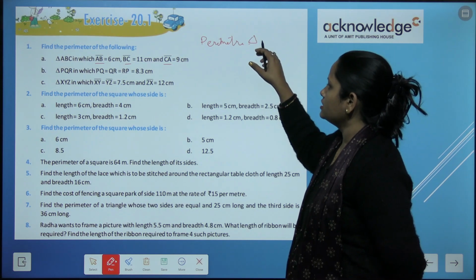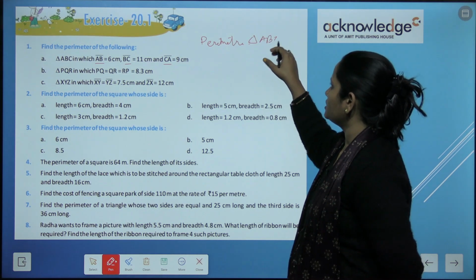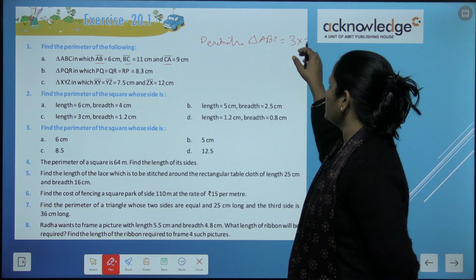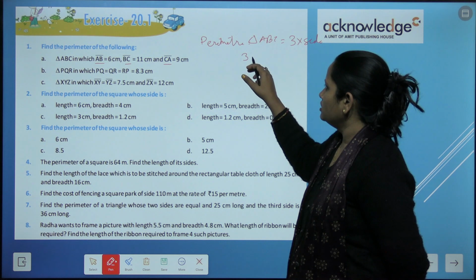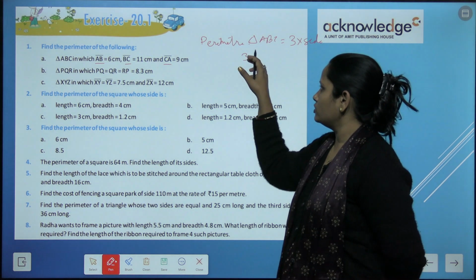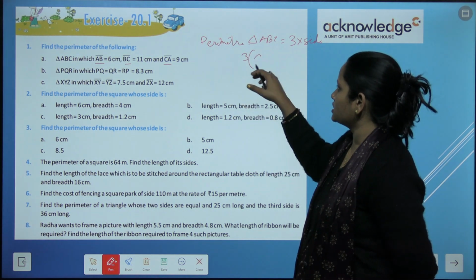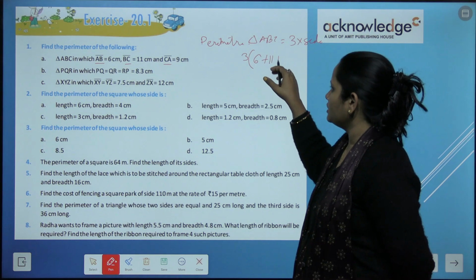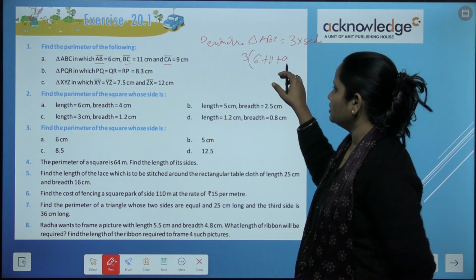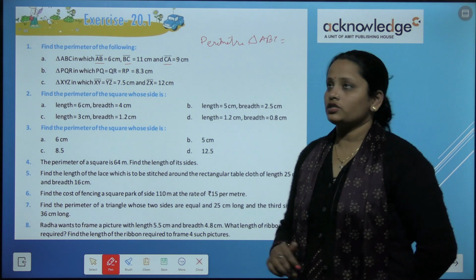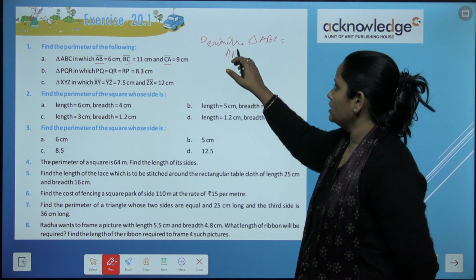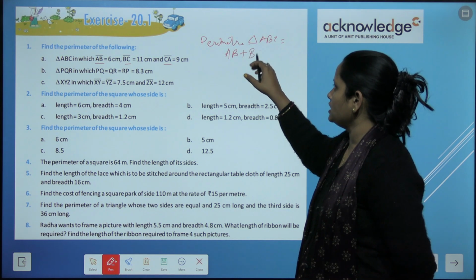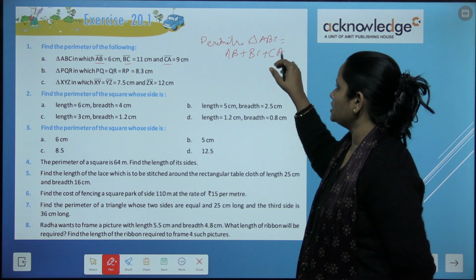triangle ABC is 3 multiply side. So here what we have to do, 3 we have to multiply 6 plus 11 plus 9. So children, here the perimeter of this triangle is AB plus BC plus CA.